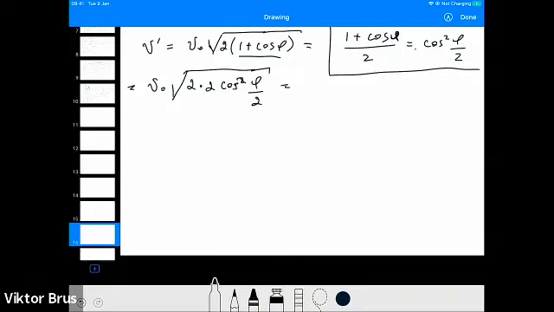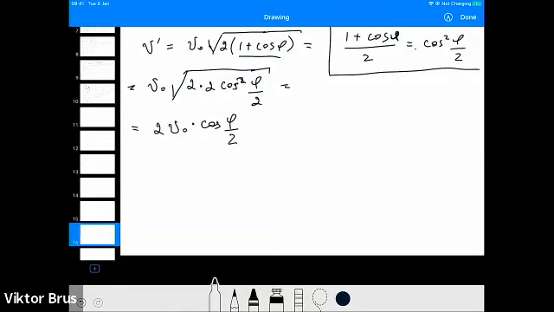Now we get rid of the square root, and it will be equal to 2 v naught multiply cosinus phi divided by 2. And this is the answer of this particular question.